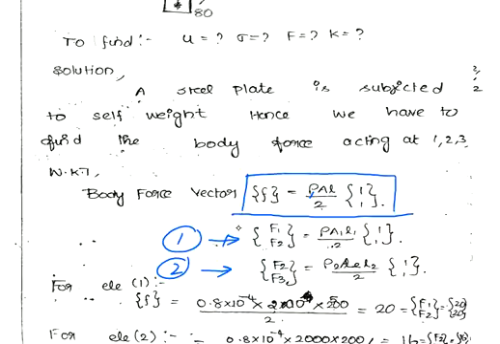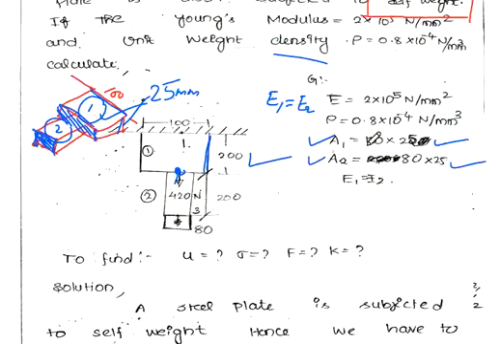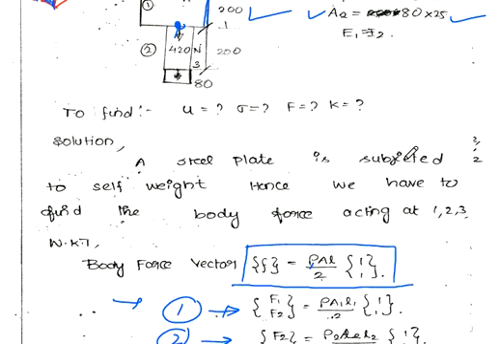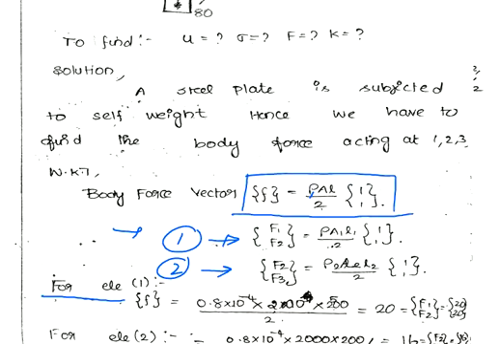For element 1, F is equal to the density 0.8 into 10 power of minus 4, into the area for element 1, which I already explained. The area for element 1 is 100 into 25, which is 2500.